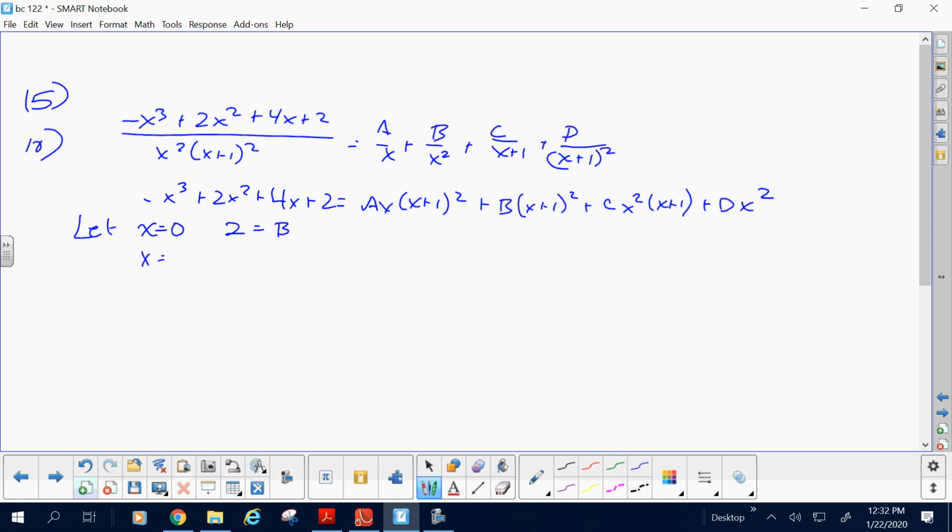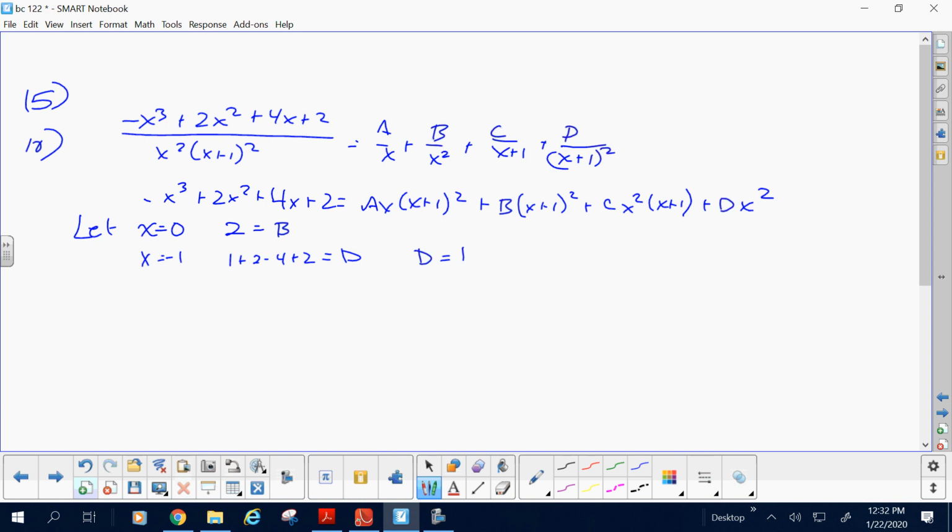And when you let x equal -1, you've got your 1 plus 2 minus 4 plus 2 on the left, so that side seems like 1. Are we cool? And on the right, gone, gone, gone, left with D. So it seems like I'm getting a D of 1. Are we cool there?